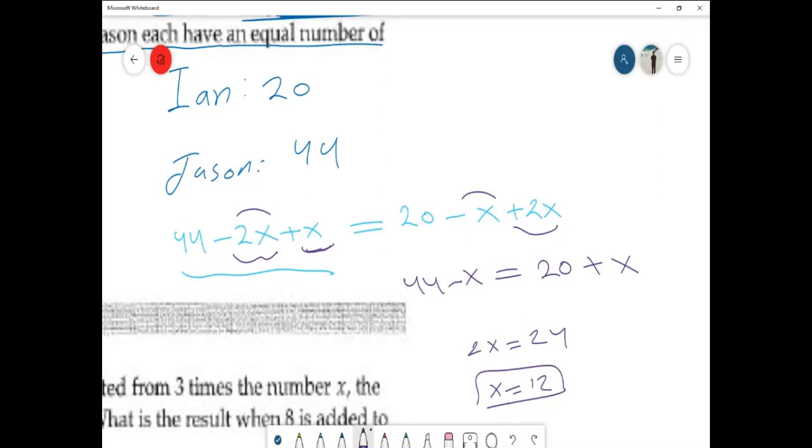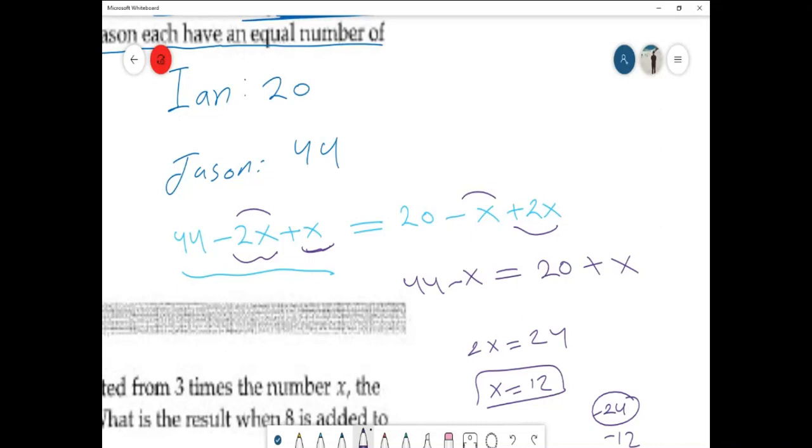And it will be what? 2x equals 24, so x will be 12. That means after x equals 12, after 12 trades, they will have an equal amount of cards.